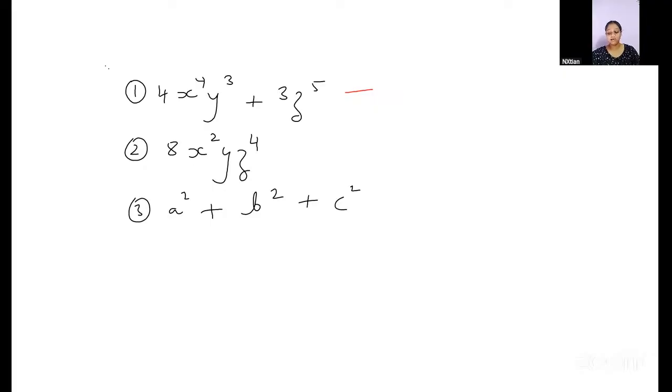Okay. Look carefully and tell me again. Like I said, terms are separated by signs only. Okay, there are two terms. Yes. So what will it be? It would be binomial. Yes.